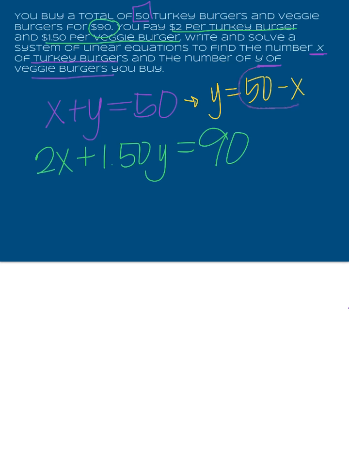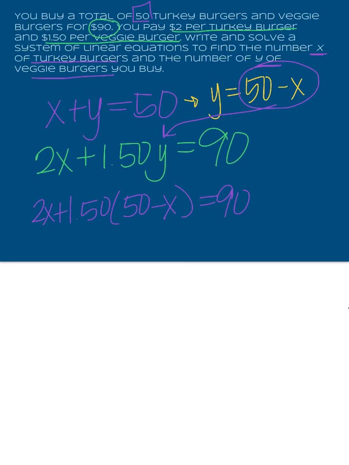I'm going to circle what y equals and point to where I'm going to put it, which is y. So I get 2x plus 1.5 times 50 minus x equals 90.